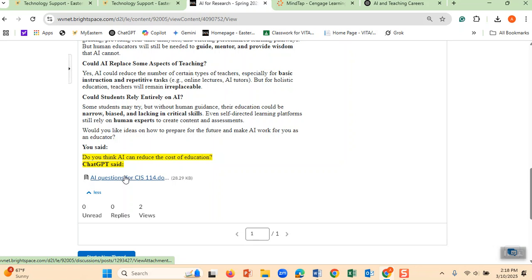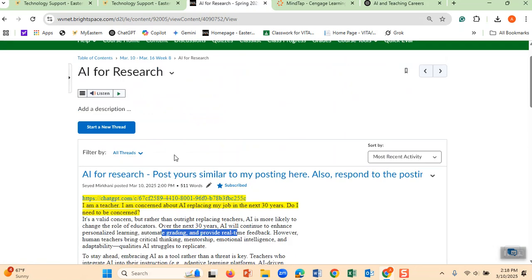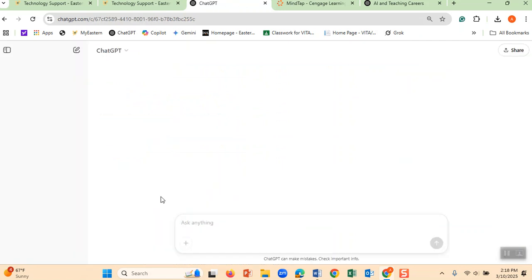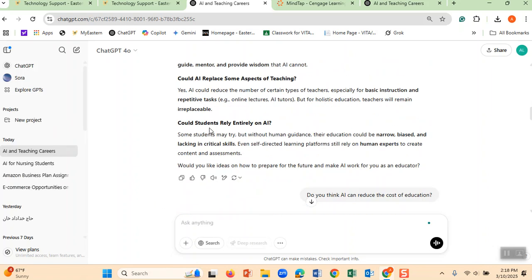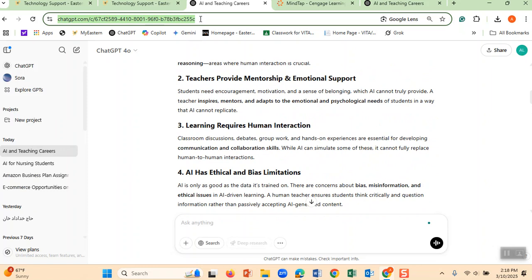And also I have attached a full document. Students who want to see everything on ChatGPT, if they click here, they will see my posting on ChatGPT, hopefully. Yeah, they are here. It is all I did. I clicked here, clicked copy, and pasted this on the discussion board. Therefore, this is what we want you to do for this week.